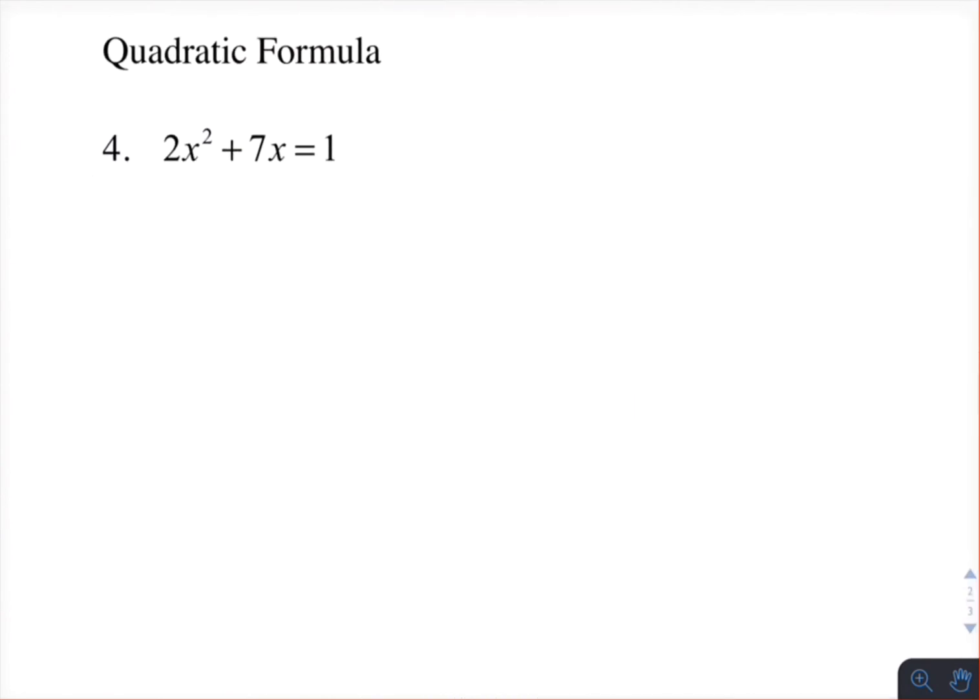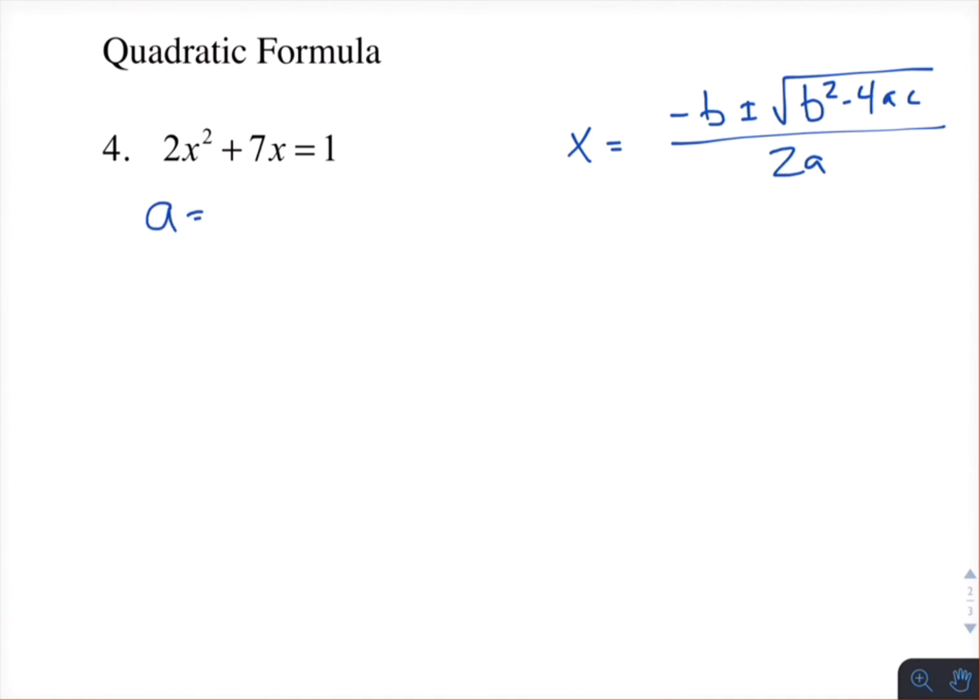And then the last is the quadratic formula, which is that x equals negative b plus or minus the square root of b squared minus 4ac all over 2a. And so we have a is 2, b is 7, and c is actually negative 1 because we would move the negative 1 over so that we had it in standard form.